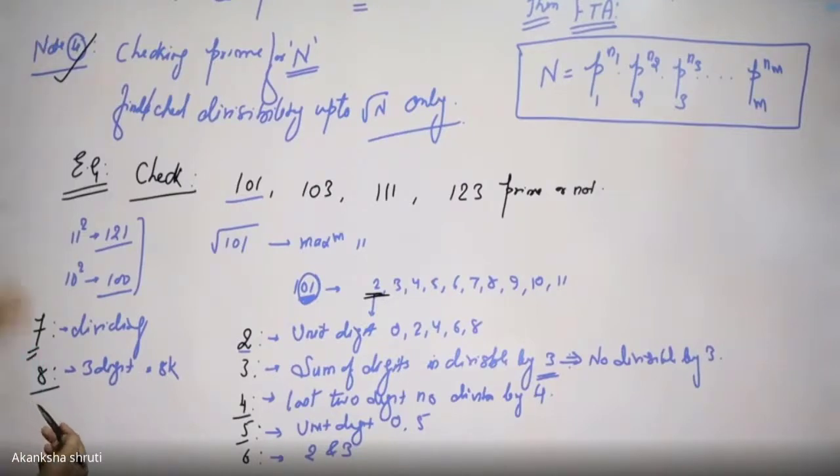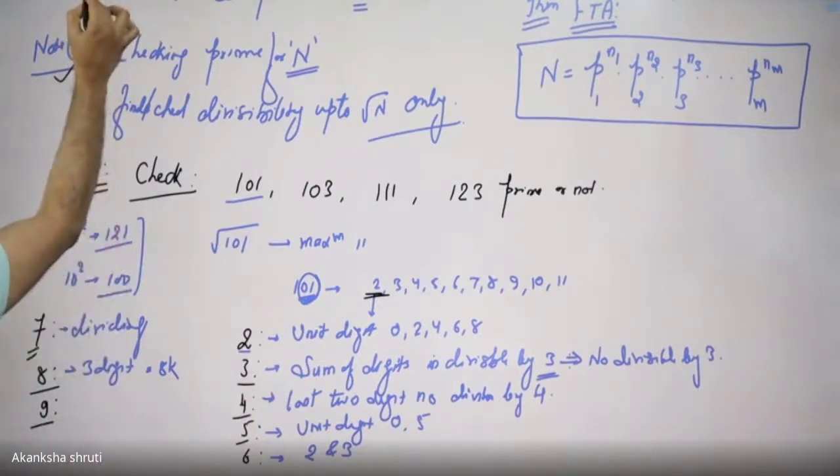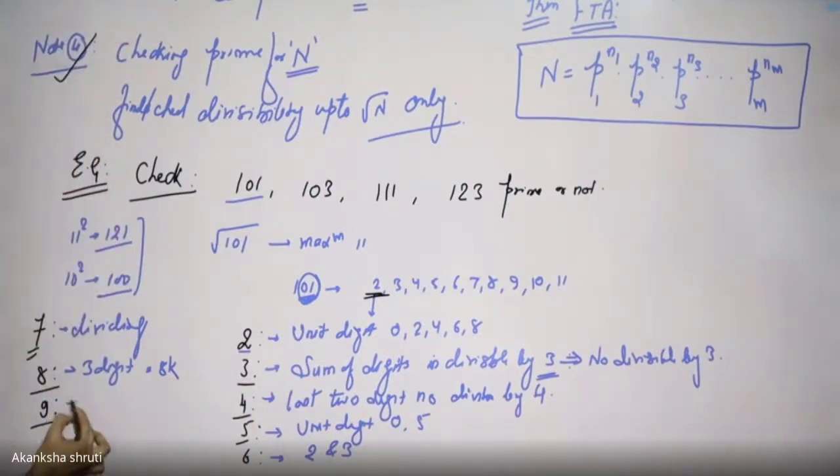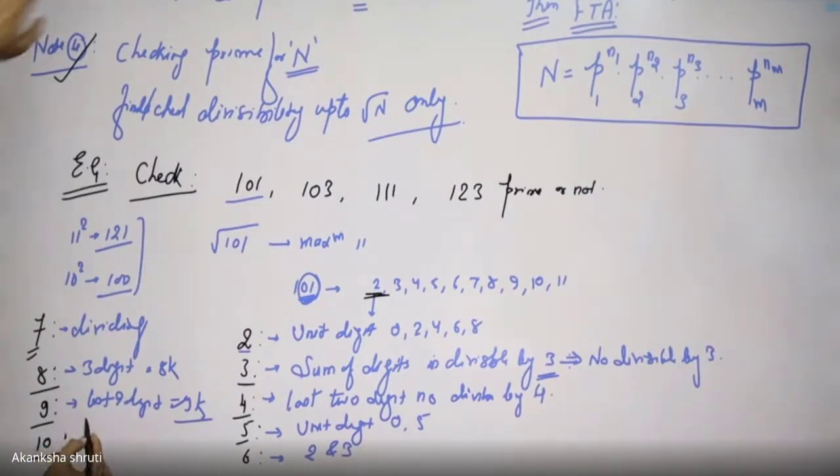Or directly, you can check whether the last 3 digits are divisible by 8. Then for 9, it must be divisible by 3, or the last 2 digits divisible by 9. It must be in 9k. Then 10 is easy. Again, the unit digit should be 0 only.